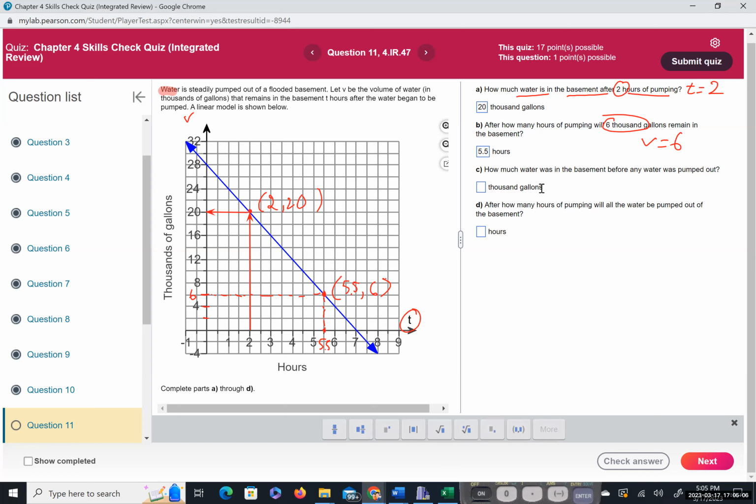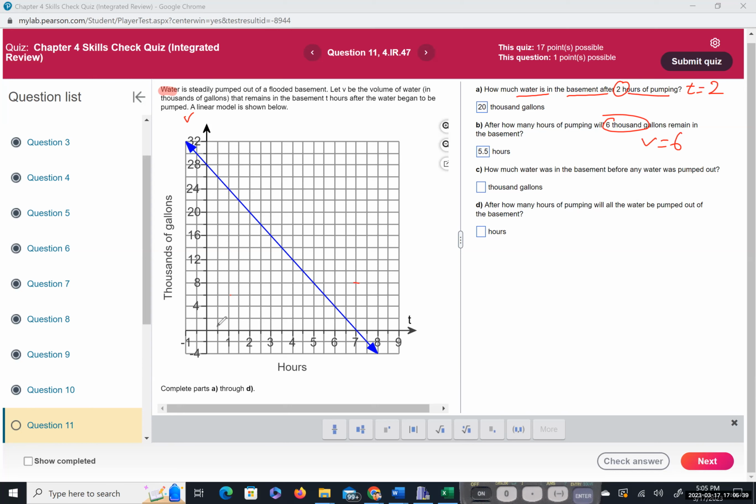Let's see how much water was in the basement before any water was pumped out. Before any water was pumped out, we mean you haven't started doing anything yet.